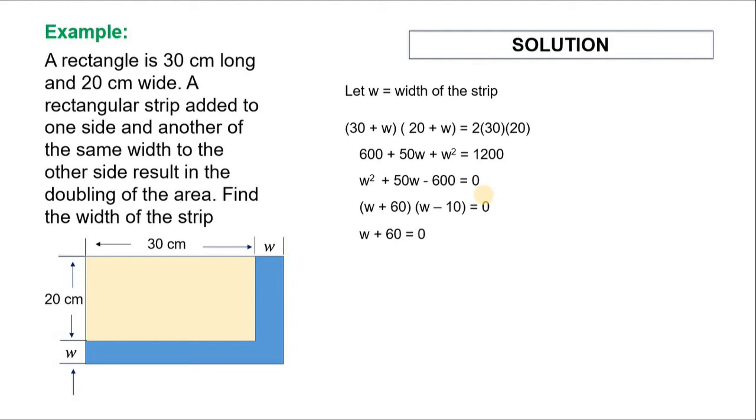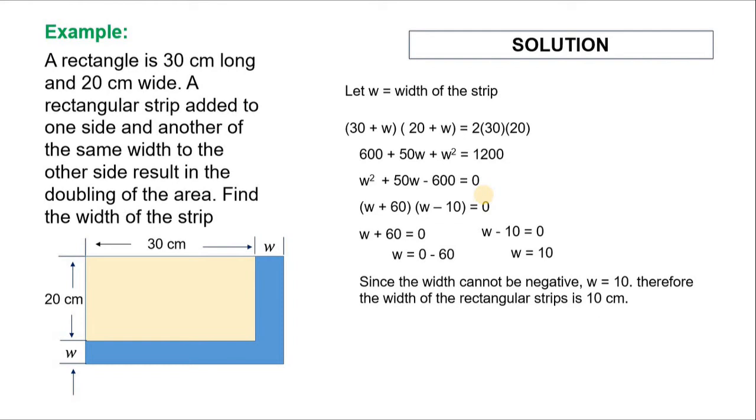Solving those two factors, W plus 60 equals 0, so W is equal to negative 60. And the other one, W minus 10 equals 0, will give us W equals 10. Since the width cannot be negative, our W is 10. Therefore, the width of the rectangular strips is 10 centimeters. Okay?